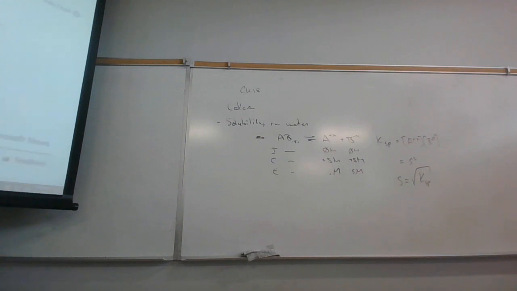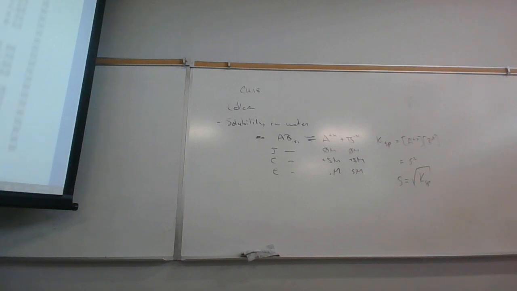So if we have a KSP table, just use this one from University of Rhode Island. And we look for silver, something like silver chloride, or any 1-to-1 salt would be the same. We'll just take the square root of that.